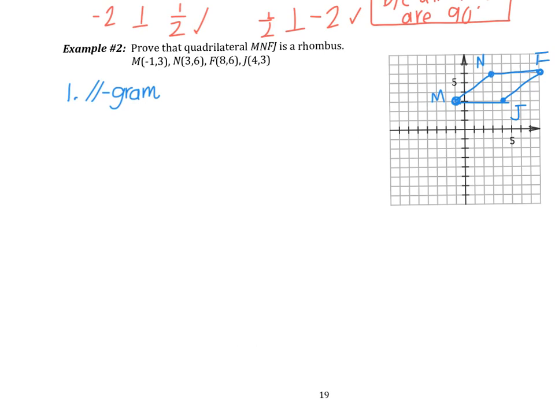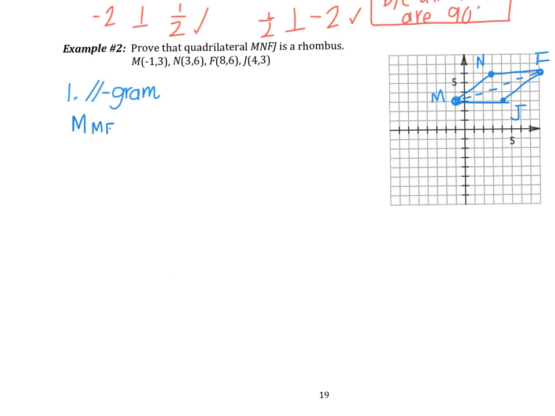Okay, first parallelogram. Looking at it, you have 6 ways to prove. I'm going to choose to prove that, let's do diagonals bisect each other. Well, that means I need to find the midpoint of my diagonals. So diagonals go across. So I'm going to find the midpoint of MF.